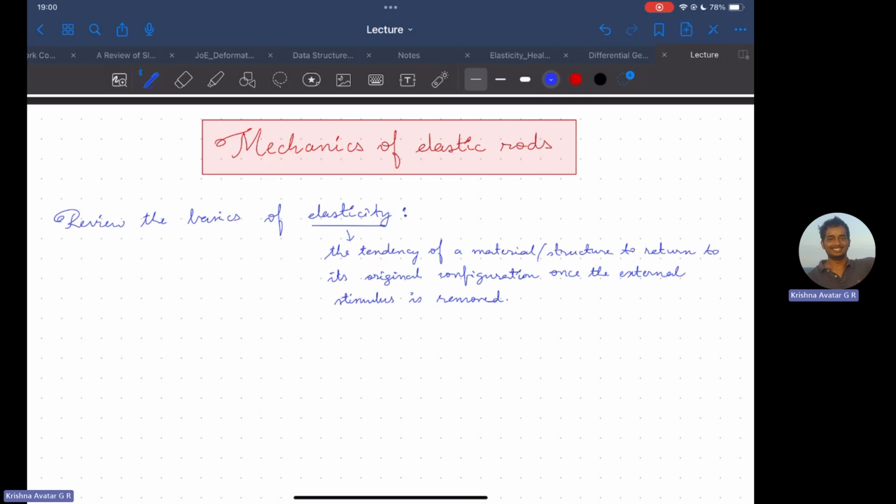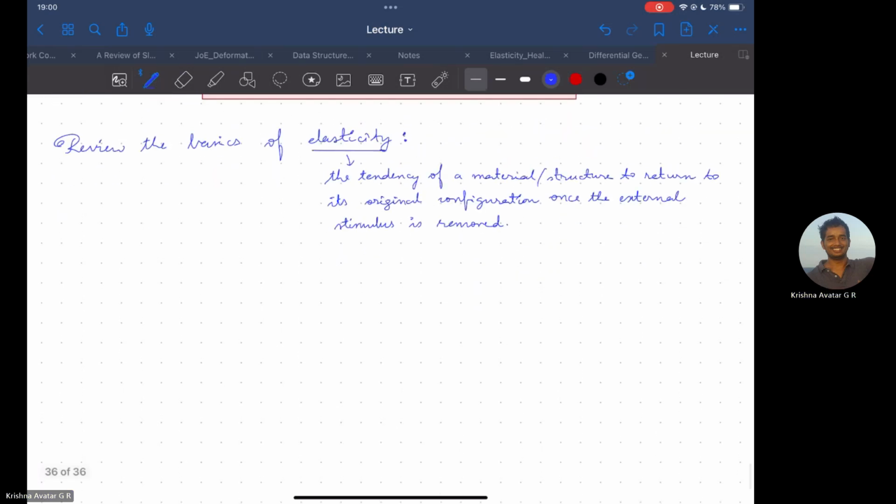So, figuratively speaking, we have some body, let's consider it to be something like this cuboid body, and let this be a deformable body as well. Then we apply some sort of a force, and let this end be fixed.